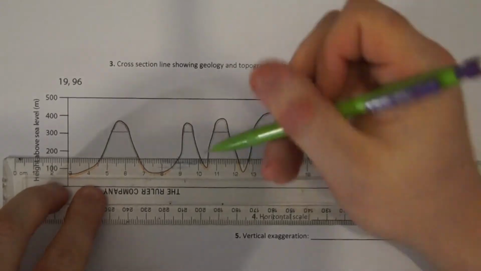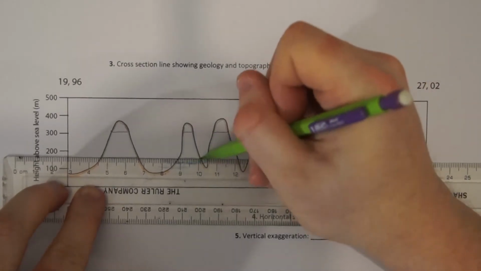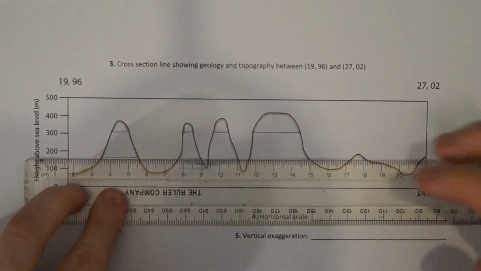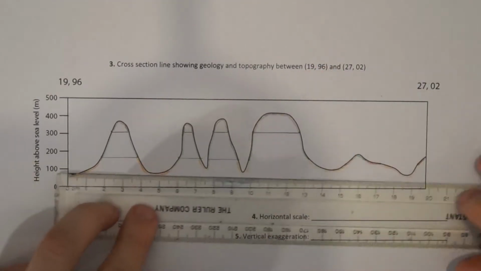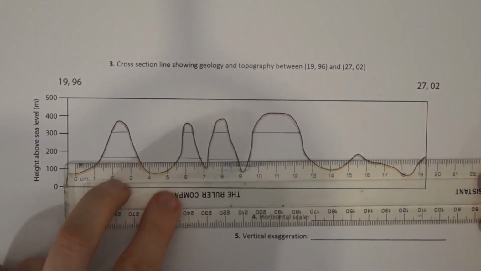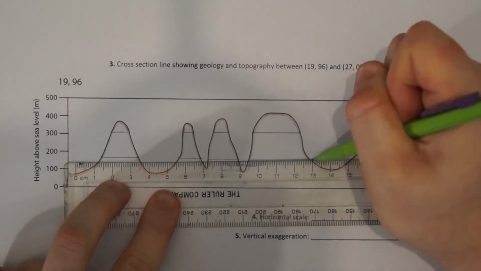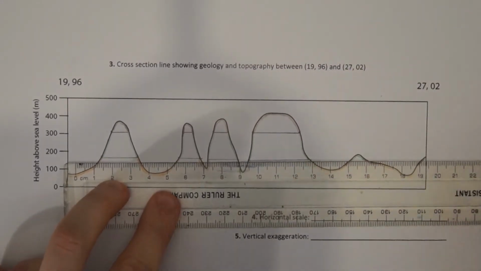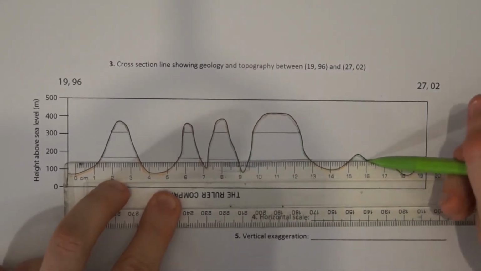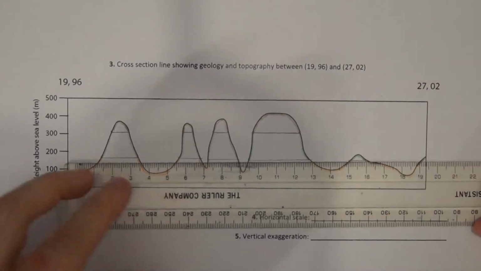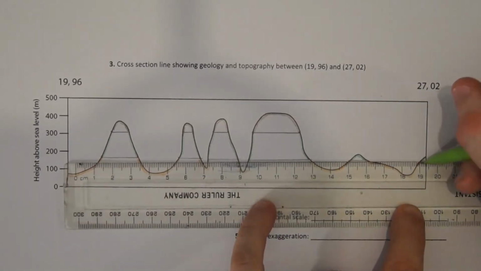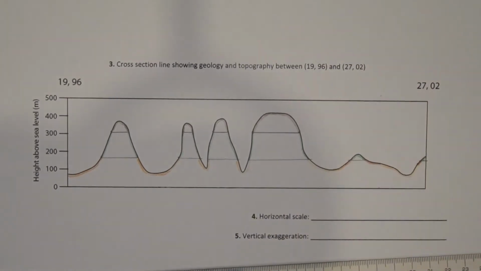Oh, we've got another one there. We've got another one about there. Then this one, and we've got a horizontal contact there. And then you see where these two contacts are between our green sand, that's horizontal. And then right at the tip of our cross section, that one's horizontal.